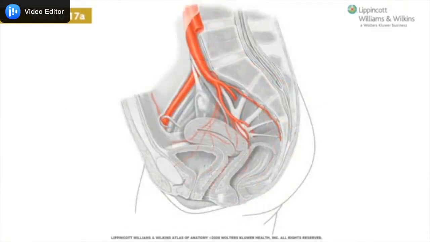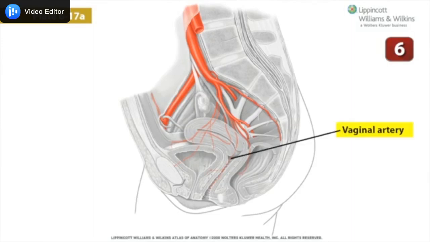It is generally accepted that females do not have inferior vesical arteries, though there are occasional arguments to the contrary. It is most often said that the inferior half of the female bladder is supplied by the vaginal artery. You've probably guessed from its name that the vaginal artery also supplies the vagina.